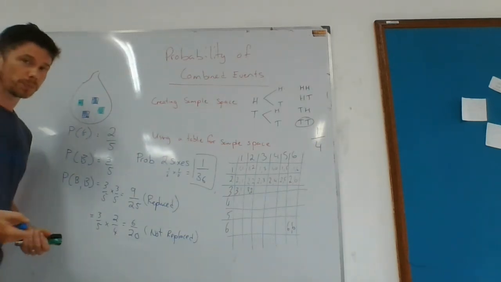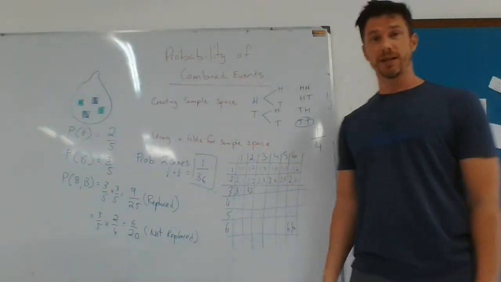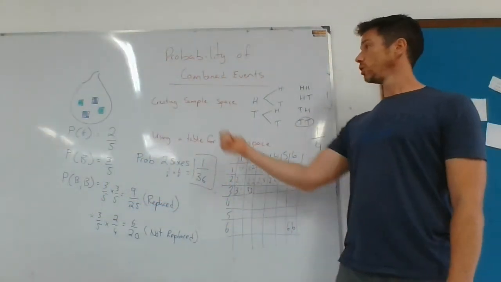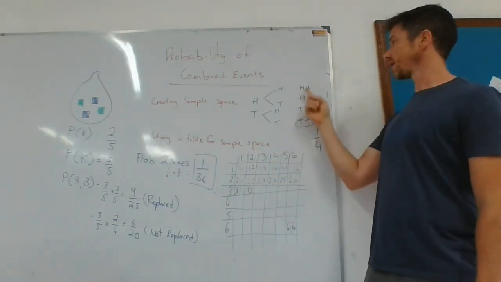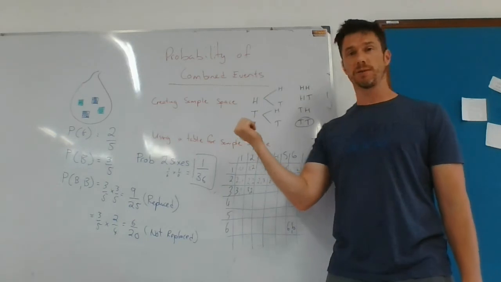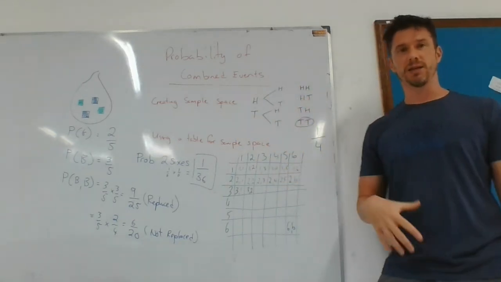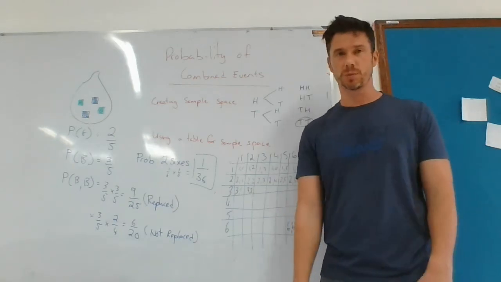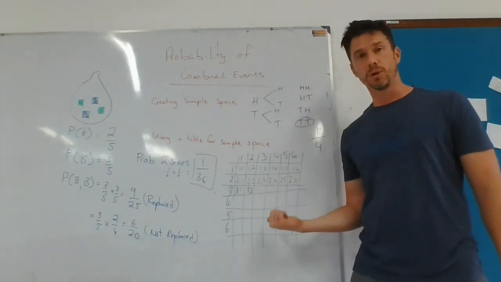All right, so to sum up, if you're looking to get the probability of combined events, you should be able to draw a sample space. So the sample space for 2 tosses of a coin are heads, heads, heads, tails, tails, heads, tails, tails. That is all the possible outcomes as a sample space. You can put that as a table, which you should have in your book.